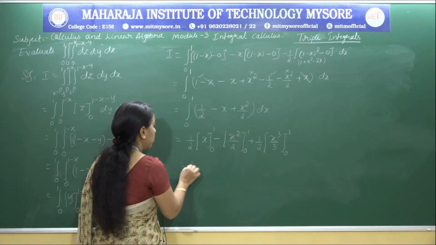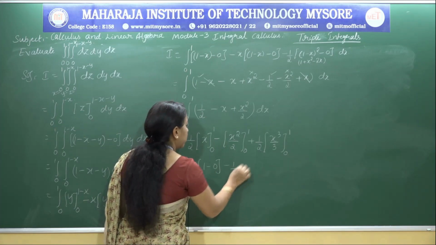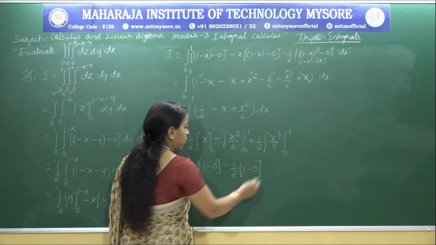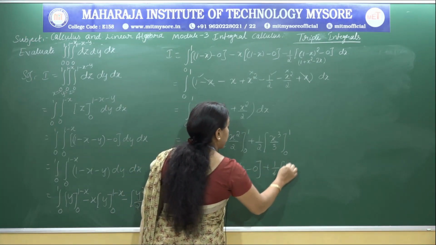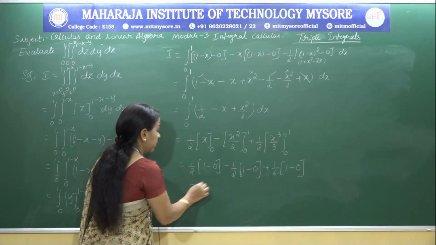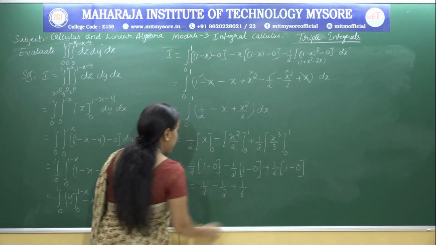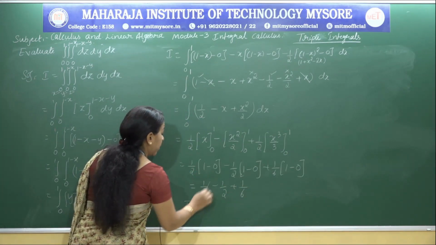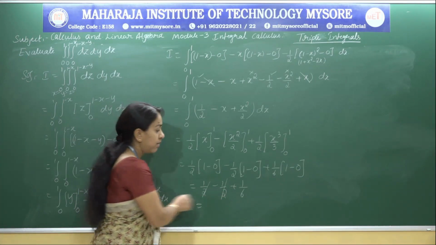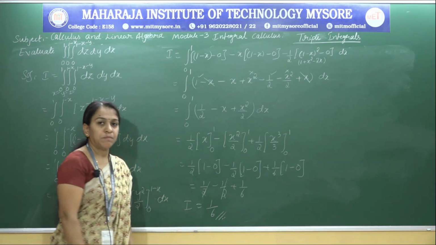Now apply the limit: 1 by 2 into 1 minus 0, minus 1 by 2 common, upper limit 1 minus lower limit 0, plus 1 by 6 into upper limit 1 minus lower limit 0. So we remain with 1 by 2 minus 1 by 2 plus 1 by 6. Therefore, the required result: I can cancel plus 1 by 2 minus 1 by 2, so we are left with 1 by 6 as our result.